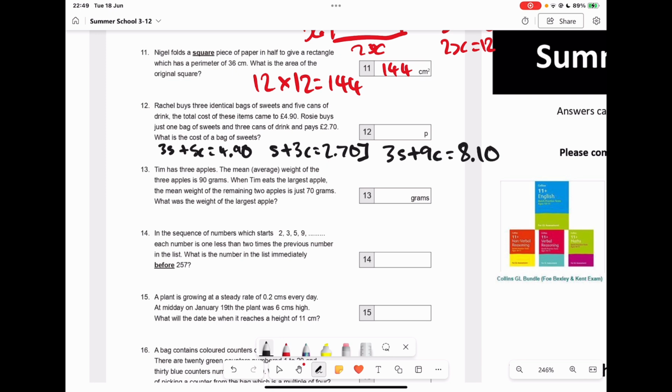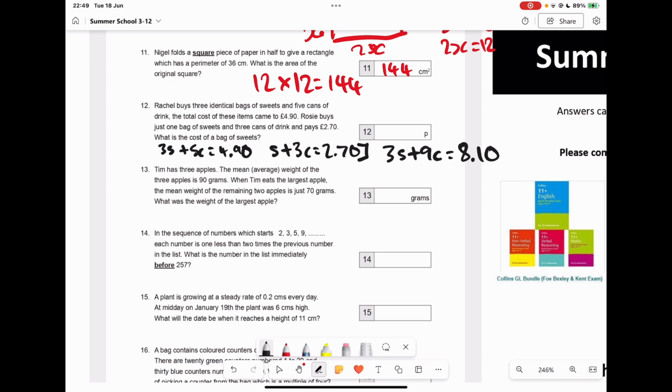So if we know that, then what we can do is we take out values. We know that 9 cans plus the 3 sweets is £8.10. We know that 5 cans plus the 3 sweets is £4.90.